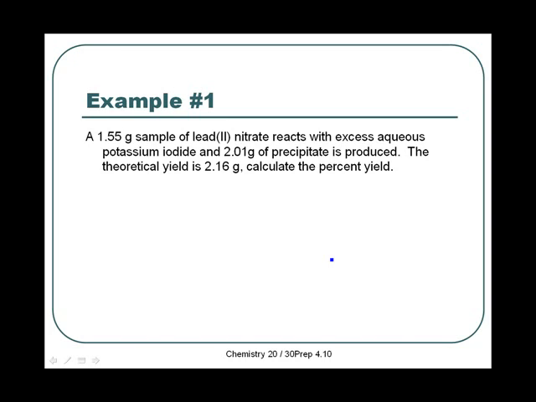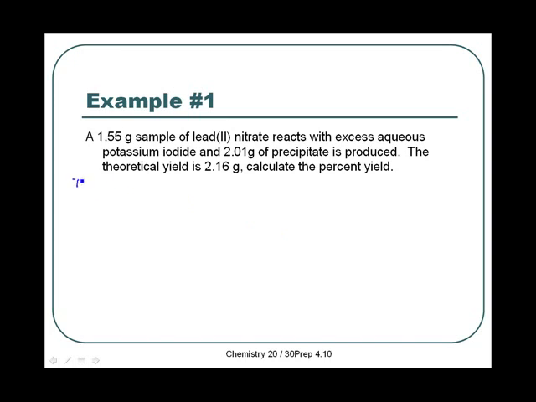Here we have a 1.55 gram sample of lead 2 nitrate reacts with excess aqueous potassium iodide. 2.01 grams of precipitate is produced. The theoretical yield is 2.16. Calculate the percent yield. And so for percent yield, we need two things.